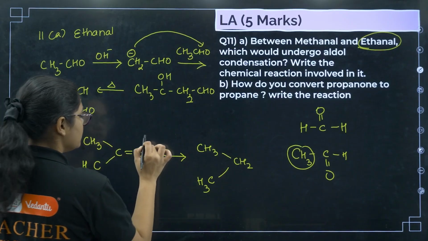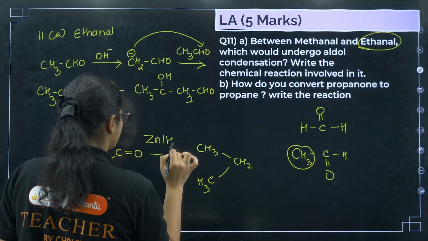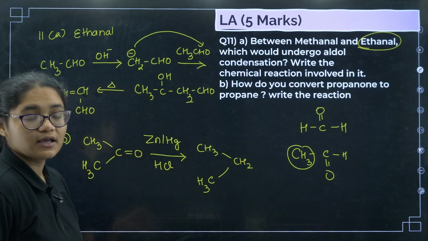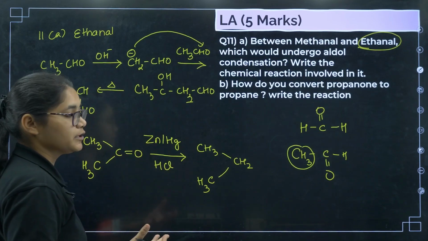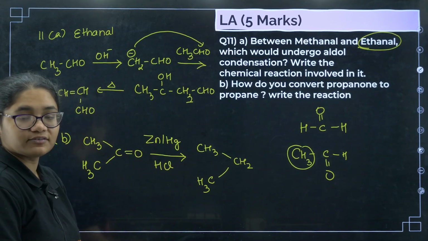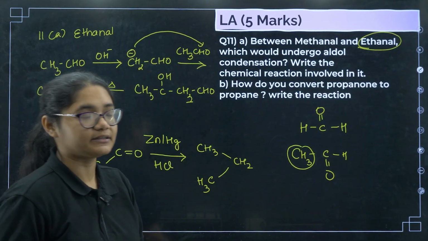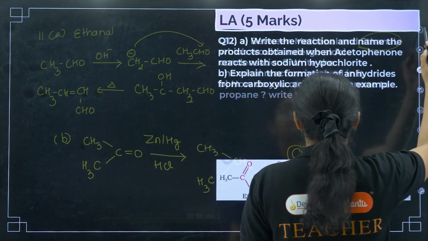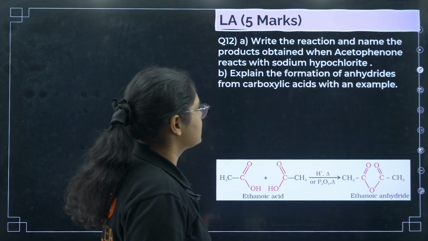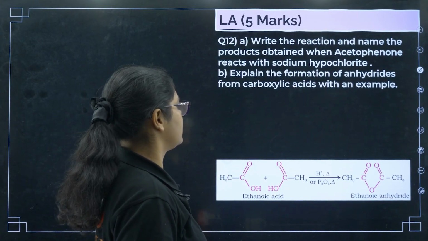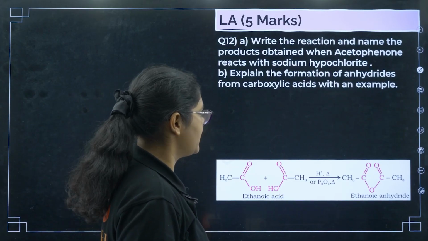It can be done through Clemmensen reduction, using Zn-Hg and HCl, or you can also use Wolff-Kishner reduction, where you use NH2NH2 and KOH in the presence of ethylene glycol. Next, write the reaction and the name of the products obtained when acetophenone reacts with sodium hypochlorite.